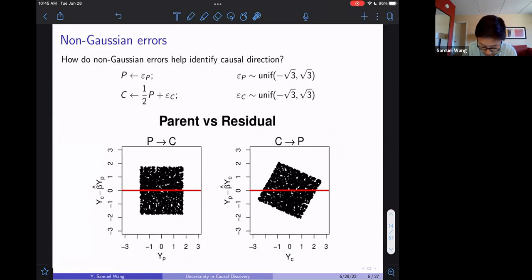We can see this by noting that the range of the residuals changes as I go across different values of what I thought was the parent. All right, so the punchline here is that by checking independence of the residuals and regressors, I can rule out false models and certify correct models.